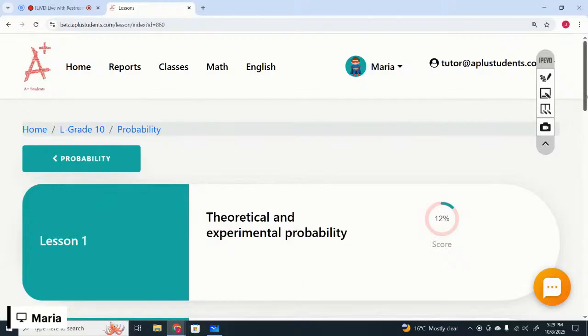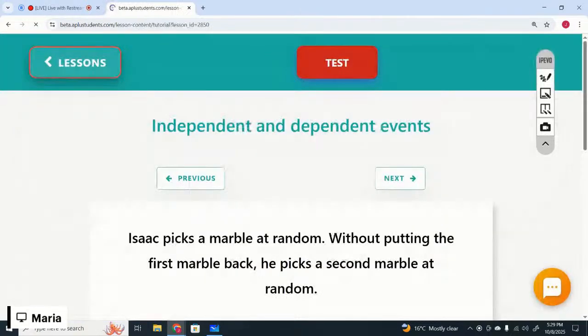The next lesson is independent and dependent events.